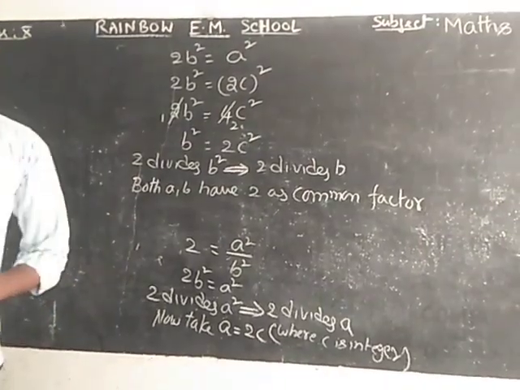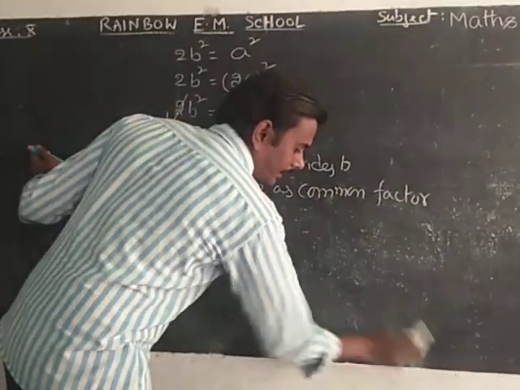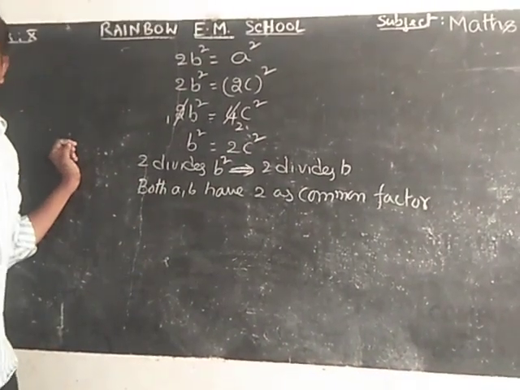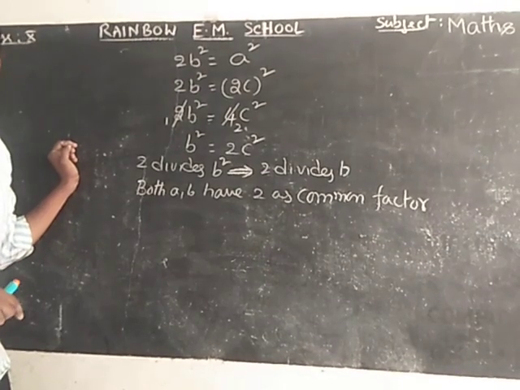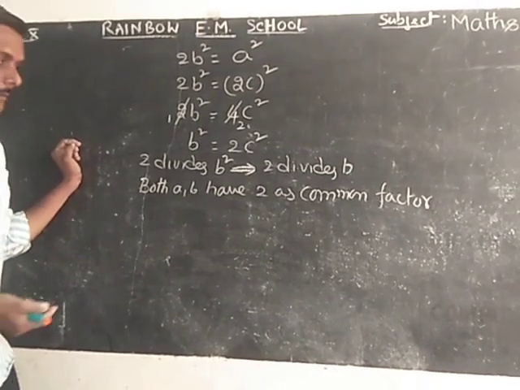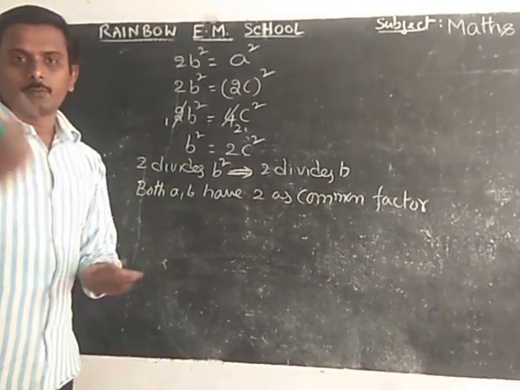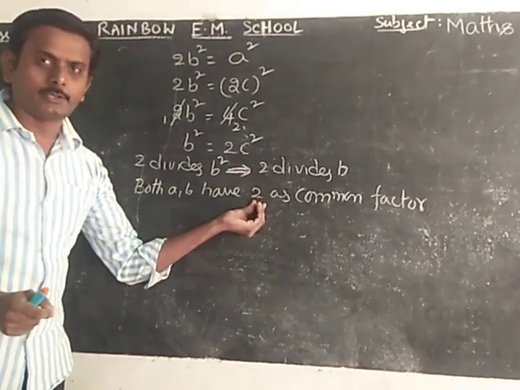But our assumption, what we are given, the first condition, what we wrote at the start: let root 2 be a rational number, a by b, where a, b are co-primes. But here a common factor is there. Co-primes means the only common divisor is 1, but here the common factor is 2.